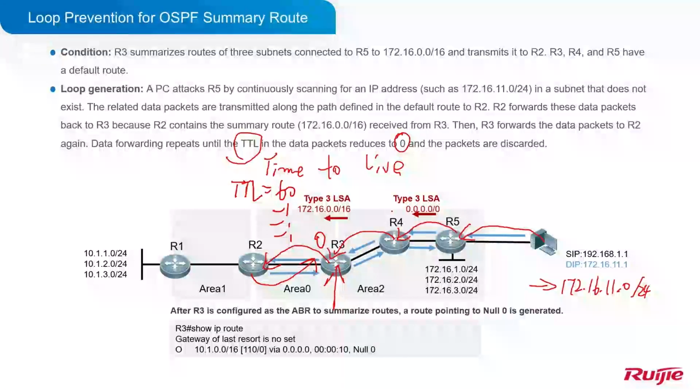And then what happens? For this process, R2 and R3 spend much time and many resources dealing with the loop, because every transmission occupies the bandwidth and the link resources between R2 and R3, right? And for R2 and R3 to transmit this packet, they have to check the routing table.